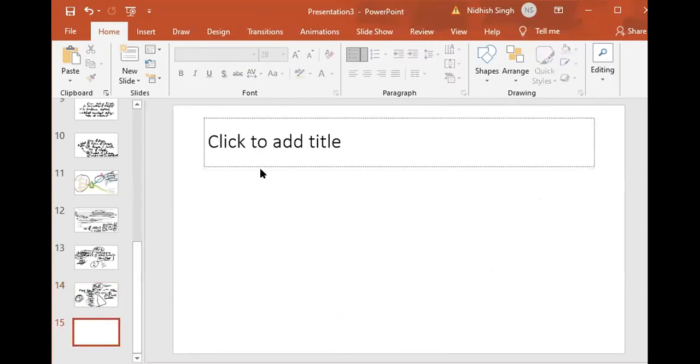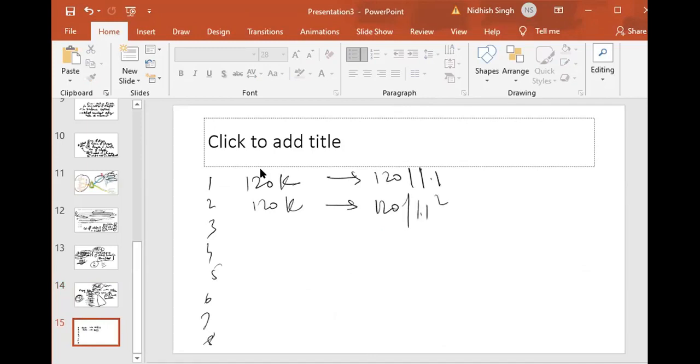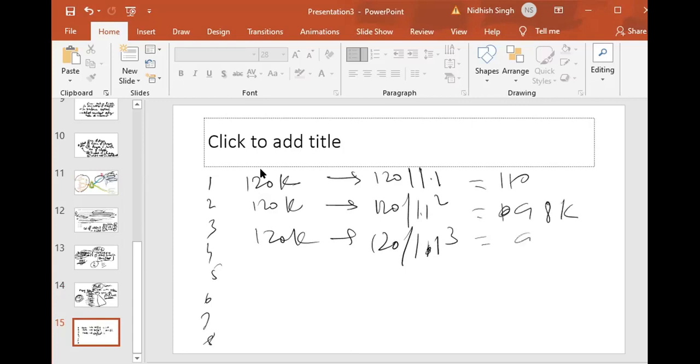Let's say year 1, 2, 3, 4, 5, 6, 7, 8, 9, right? And you're going to pay me 120K per year. So I will take the present value, which is like 120K divided by 1.1, then 120 divided by 1.1 squared, then 120 divided by 1.1 to the power 3, and all the numbers that will come here are like 98K or maybe 90K.